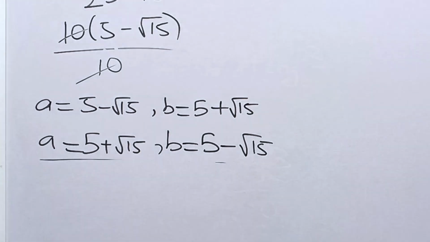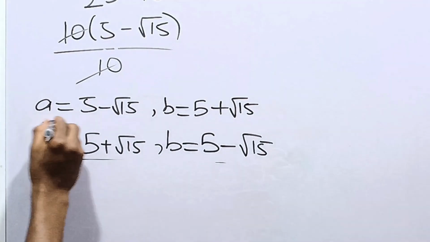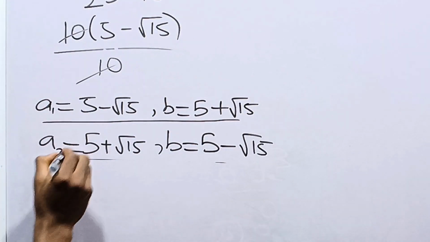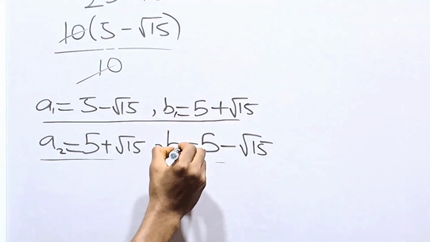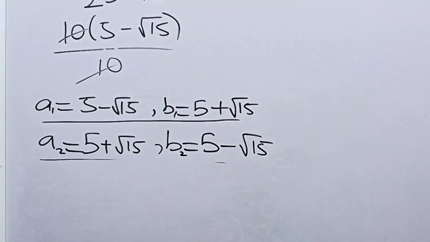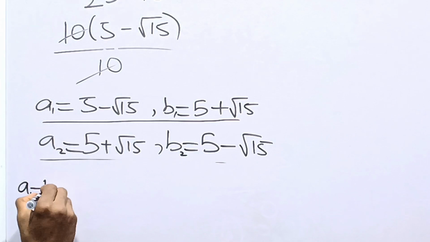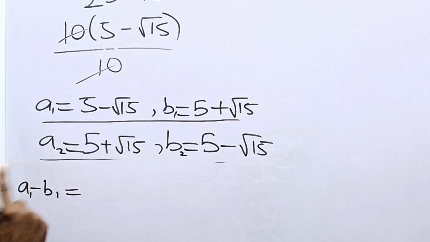But recall that we have to find a minus b. So let's say the first condition now. We said a is this, b is this. So for a1 and a2, for a1, b1, we find a minus b. So we said a1 minus b1 is our first answer.